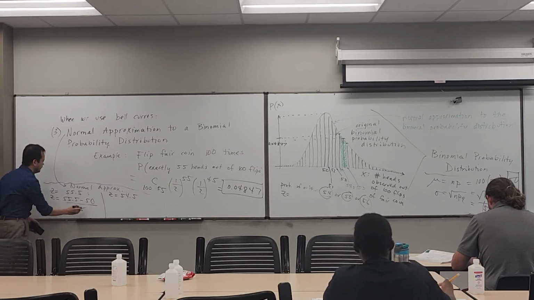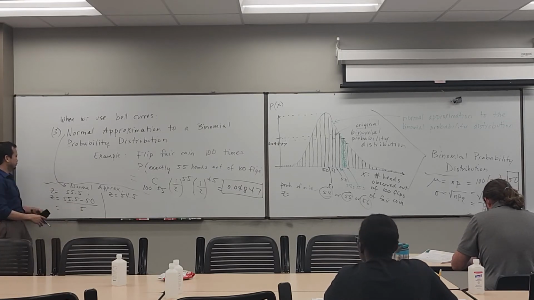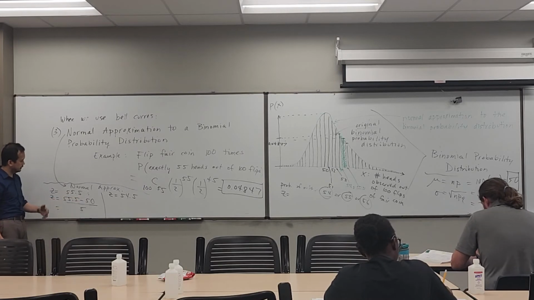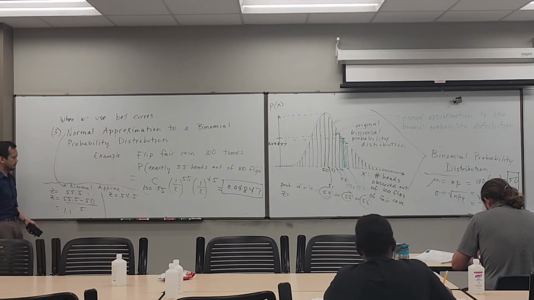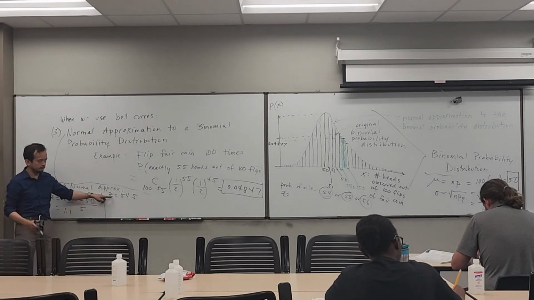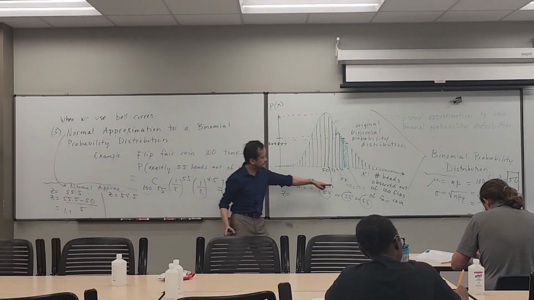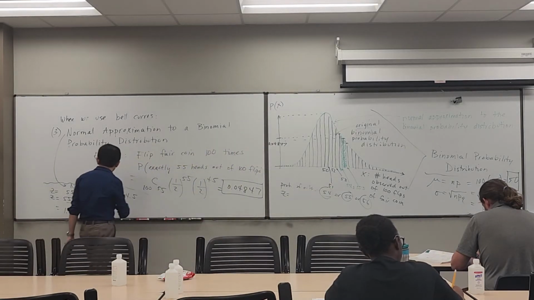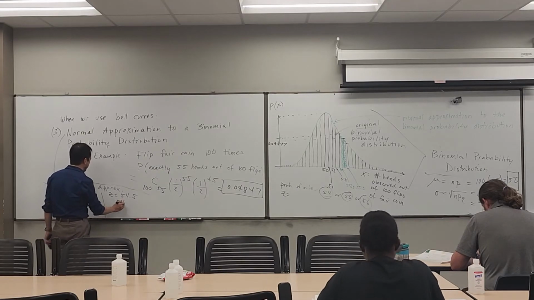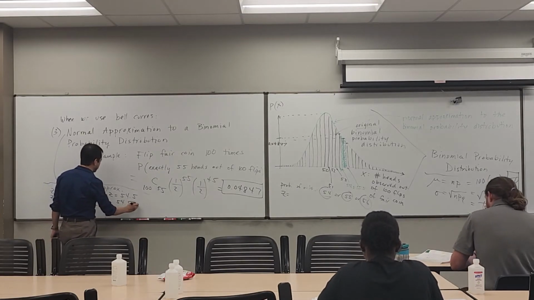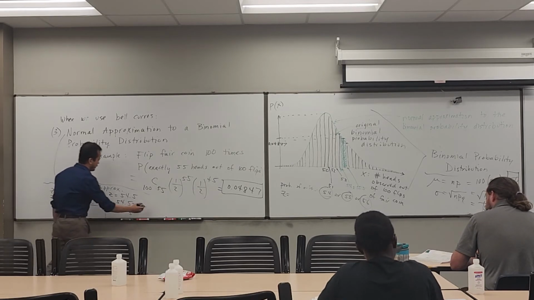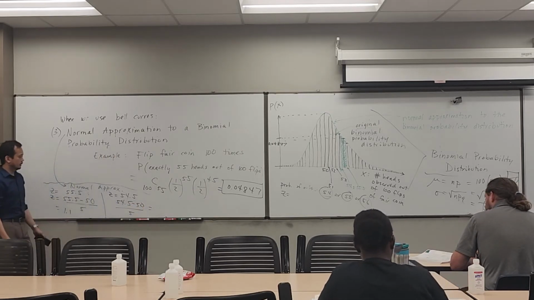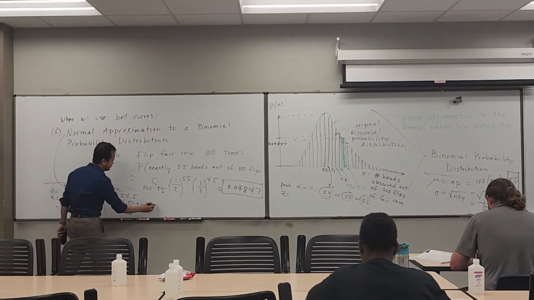If you calculate that, 55.5 minus 50 is 5.5, divided by 5, which is 1.1. And while we're calculating z-scores, let's calculate the z-score of the other boundary, 54.5. That will be 54.5 minus 50 divided by 5, so 4.5 divided by 5, which is 0.9.